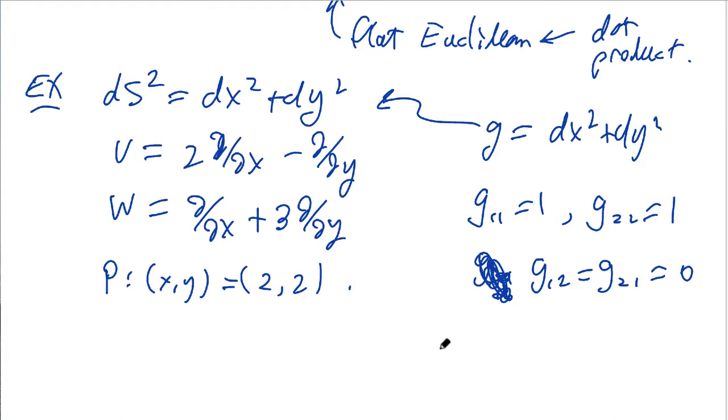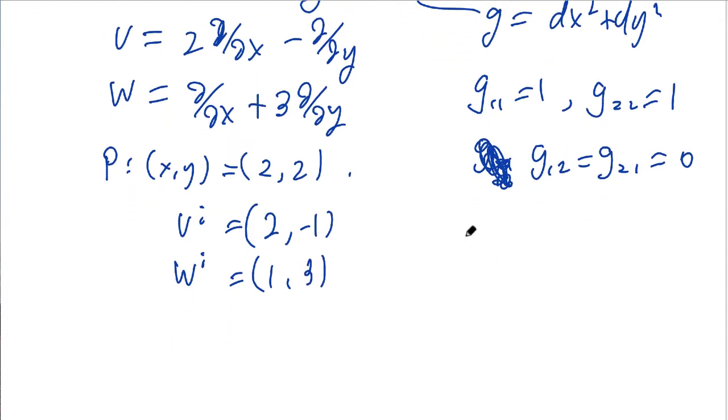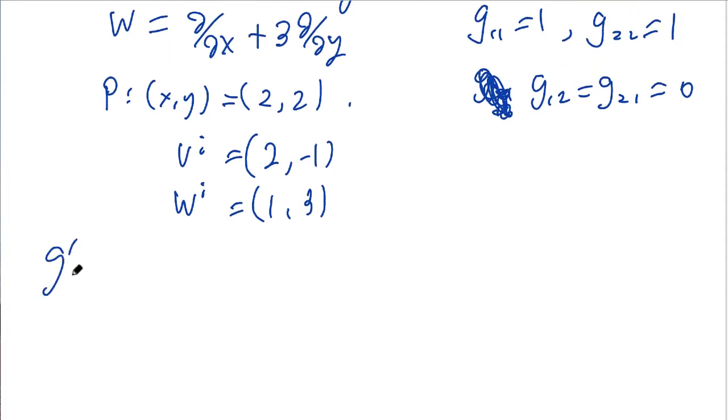And for these two vectors, we can write those components. The components of v are 2 and minus 1. The components of w are 1 and 3. And so now the inner product between v and w, we can just write as g_ij v^i w^j.